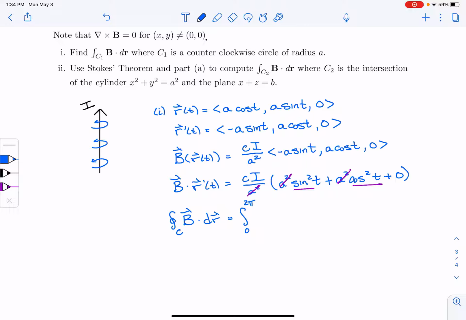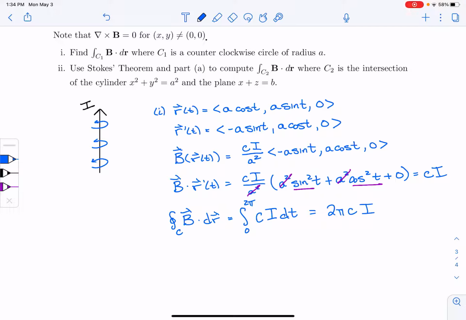So in fact, this B dot r was just C times I. So we're going to integrate C times I dt. And so the work performed is just 2 pi Ci.